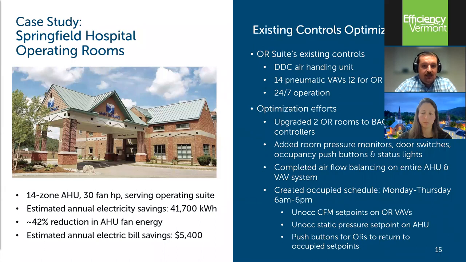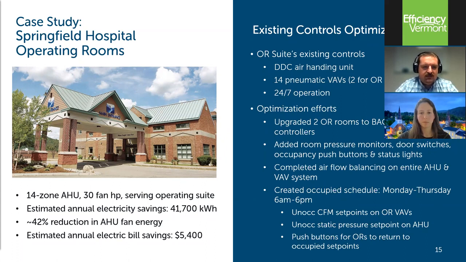And then we added additional components into the space. So we added our occupancy push buttons, our room pressure monitor, LED red and green occupancy lights, and then some door switches.